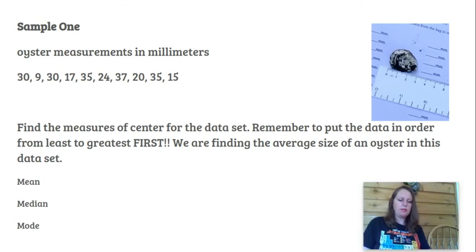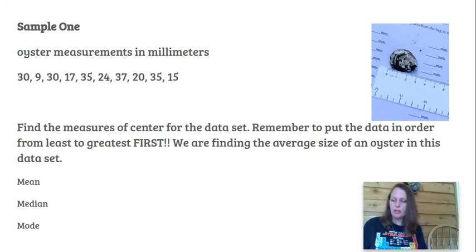So 9 plus 15 plus 17 plus 24 plus 20 plus 30. Ecology Club members, this should sound familiar because we do this every month. 35, 35 plus 37. I have 252 right now.